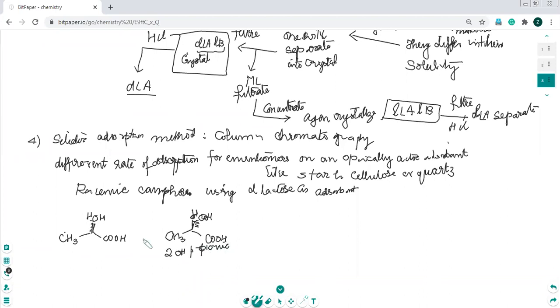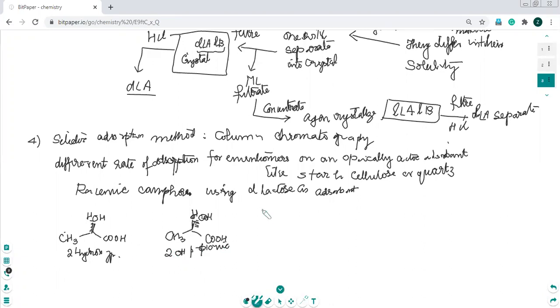This also is 2-hydroxypropionic acid. Both are 2-hydroxypropionic acid. Then how will you differentiate between them?